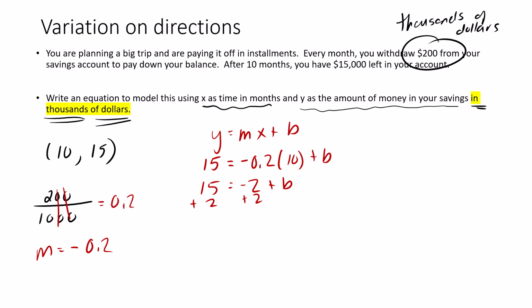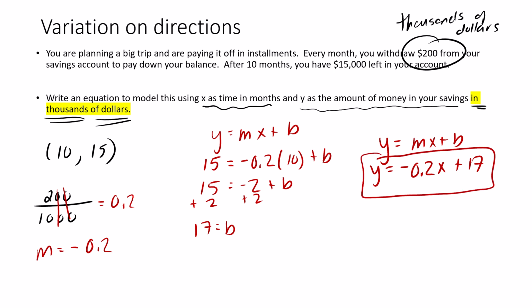If you need to rewind the video, you can look at that. It would have been 2,000. And now we get 17 equals B. So now our equation would be negative 0.2x plus 17, with the understanding that the 17 is $17,000.